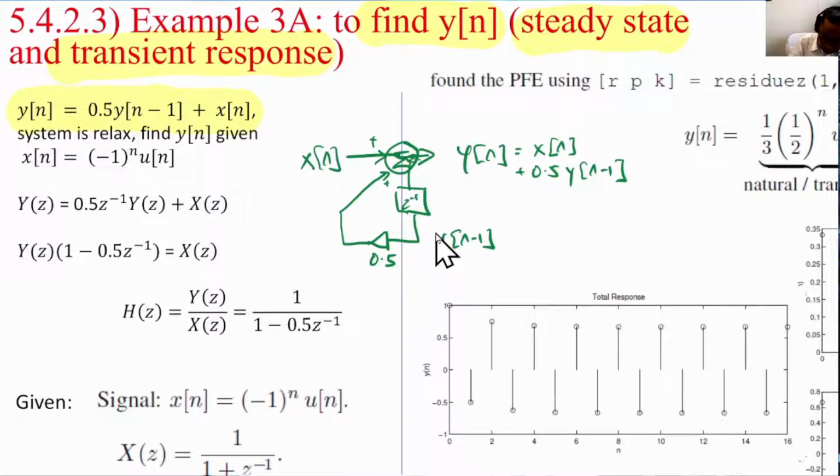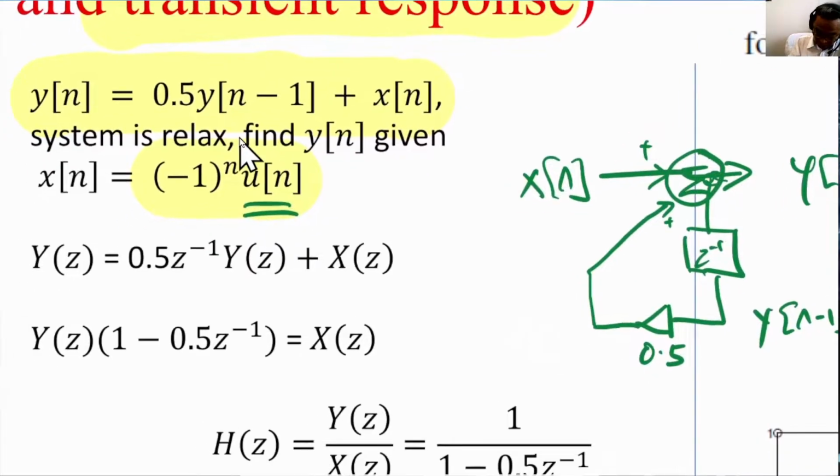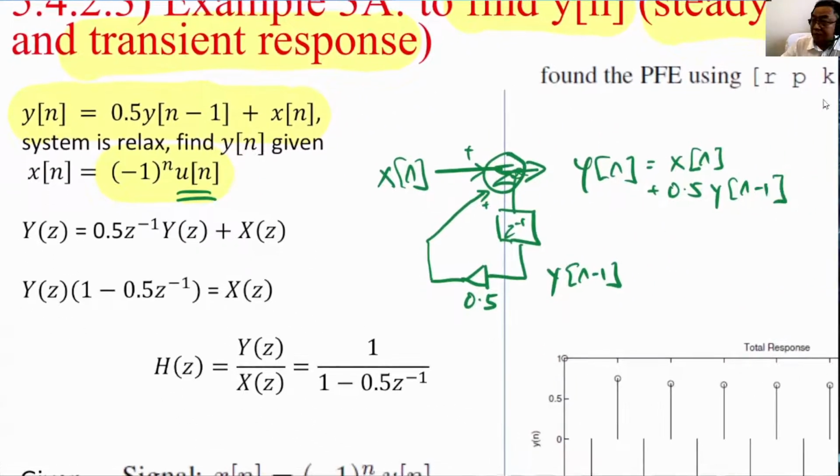The input given to us is this. This is a causal signal existing only on the right hand side, n equals 0, 1, 2, 3 onwards, and it is minus 1 to the power of n. So it will alternate between minus 1 and plus 1. In fact, you can think of this as a signal that changes pi radian every sample.